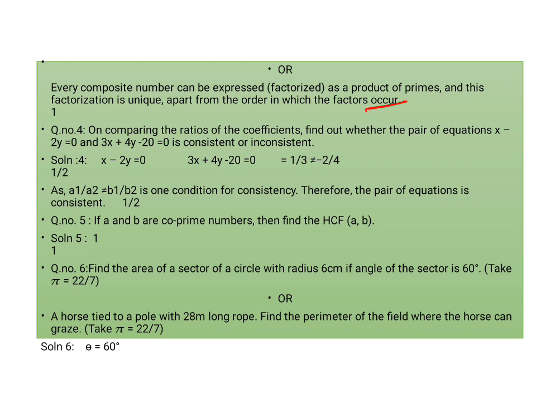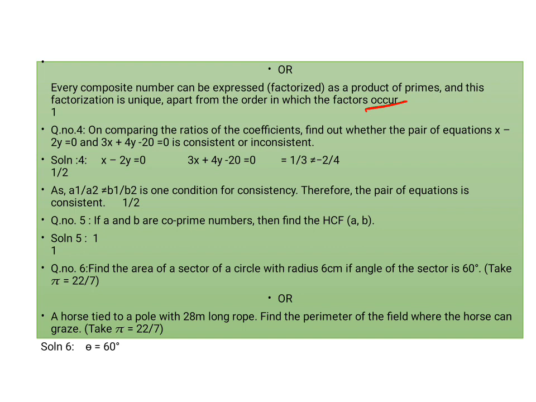Question number 4. On comparing the ratios of coefficients, find out whether the pair of equations x minus 2y is equal to 0 and 3x plus 4y is equal to 20 is consistent or inconsistent.